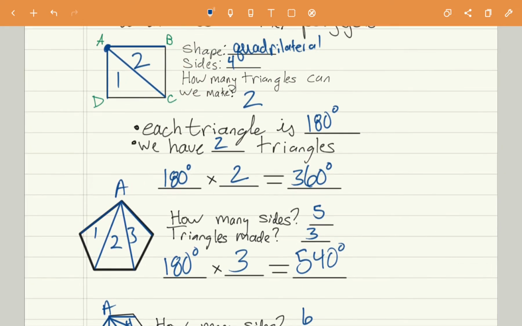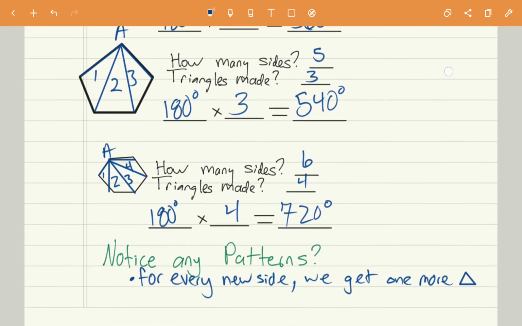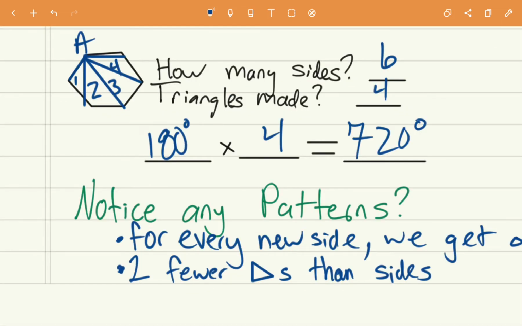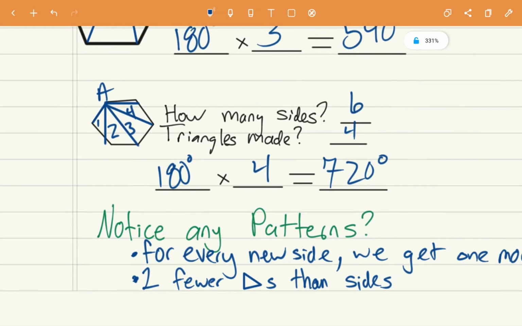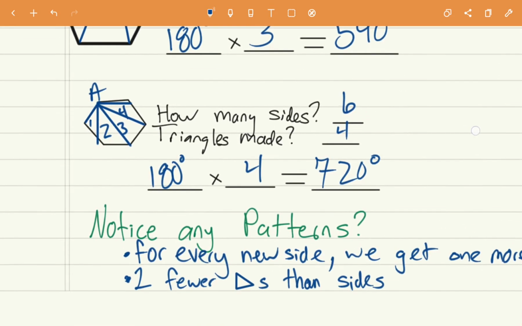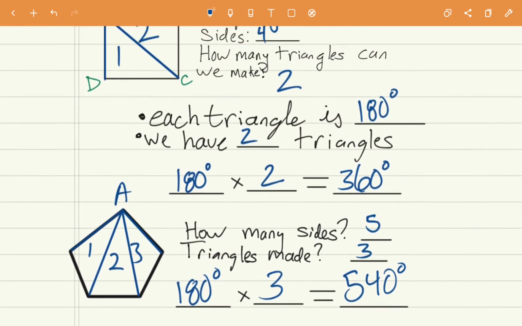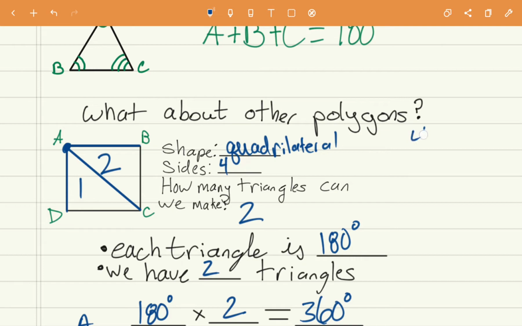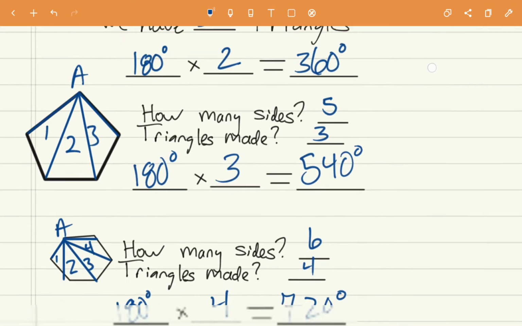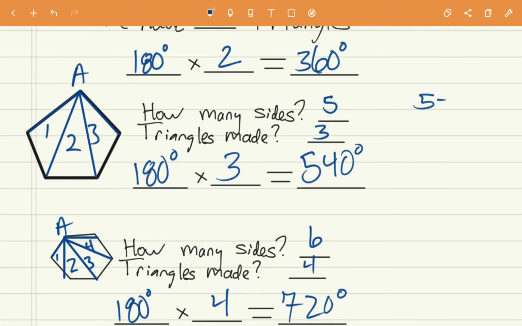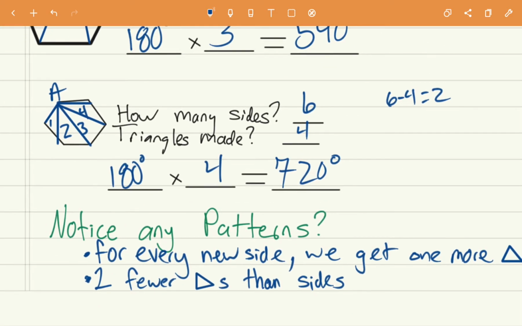I also noticed that we always have 2 fewer triangles than sides. So for however many sides we have, we subtract 2, and that gives us how many triangles we got. For example, 4 sides minus 2 gives us 2 triangles. Here we have 5 sides minus 2, that gives us 3. 6 minus 2 equals 4, and so on and so forth.